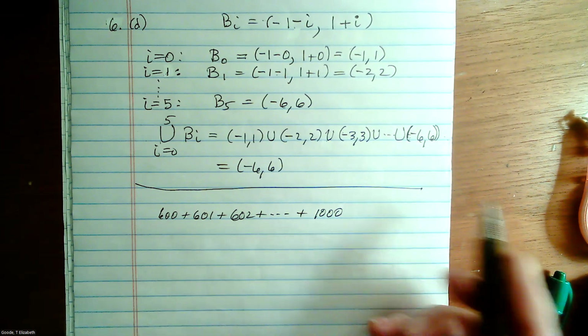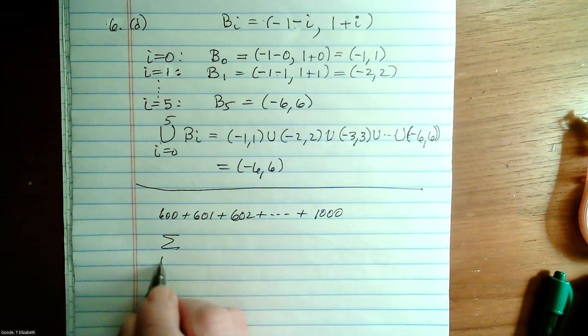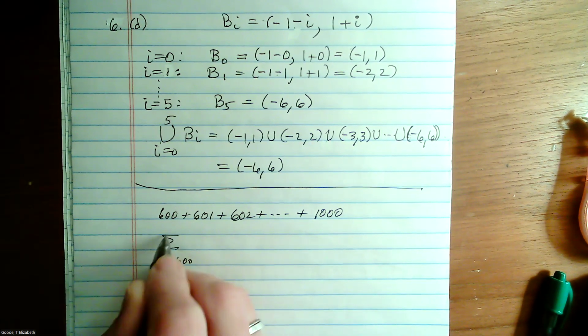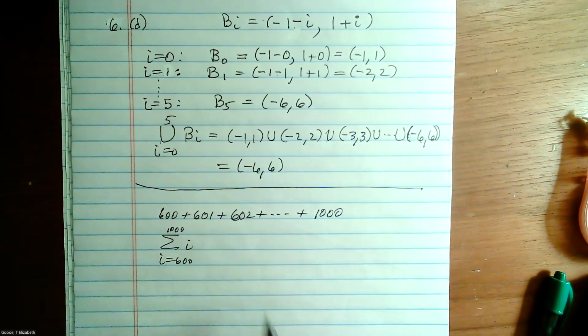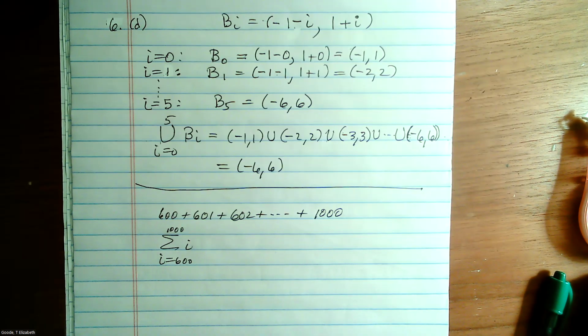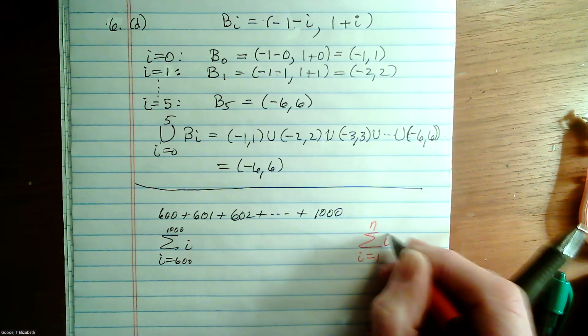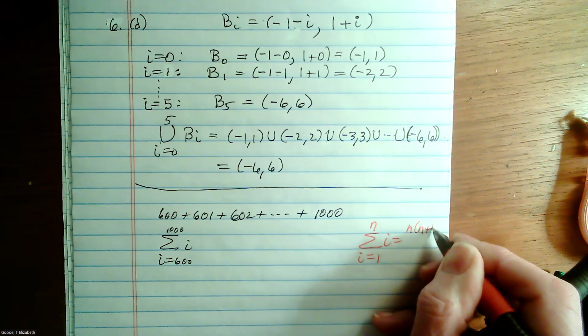Yeah. Well, this is the sum from i equals 600 to 1,000 of i. But we don't have a formula for that. Our formula says we have got to start at i equals 1 to use this formula.